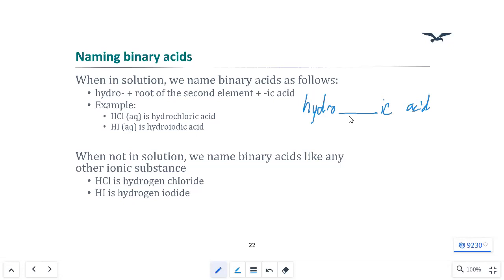If it's cyanide, hydrocyanic acid. Whatever is attached to that hydrogen, we just drop it in the blank. And again, if we don't see these aqueous signs here to indicate that it's in water, we name it like it's an ionic compound, because these are all gas phase substances outside of water as well.